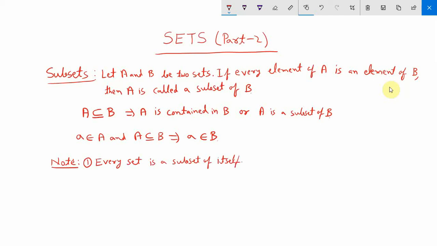And second point, you may write the empty set is a subset of every set. Empty set or phi is a subset of every set.